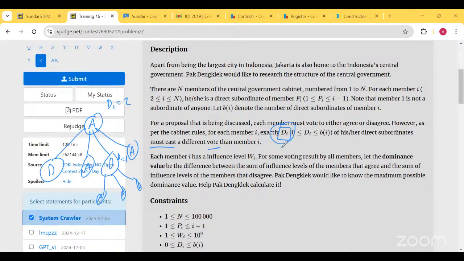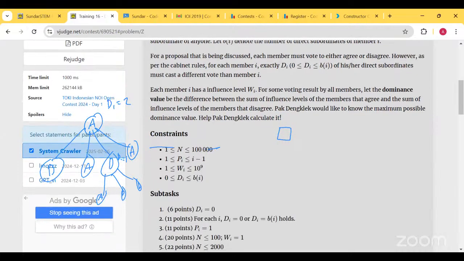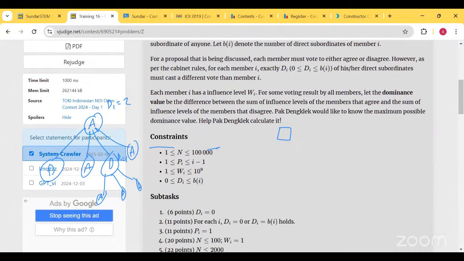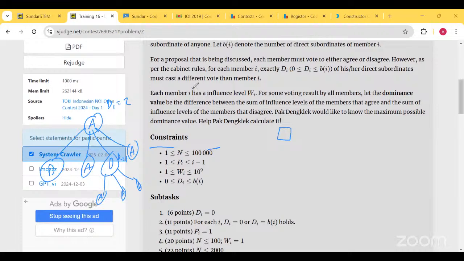And di is given. After that, every member has an influence level wi, and then the dominance value is equal to the difference between agree and disagree.